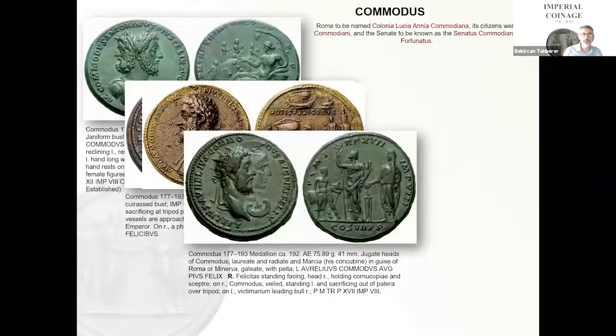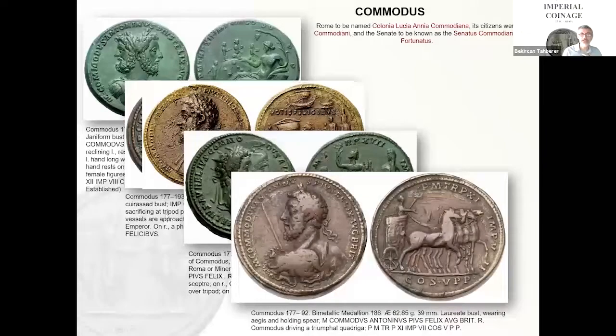And on this one, he is depicted with Marcia, most probably his concubine, in the guise of Roma or Minerva.